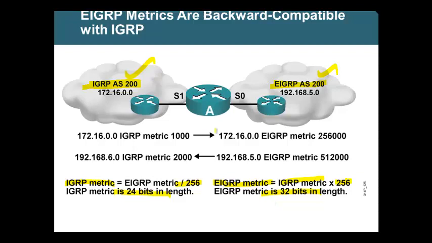See an example. If it is 1000, it will be multiplied by 256, which will be 256000. If it is 512000, you need to divide by 256, then you will get only 2000.